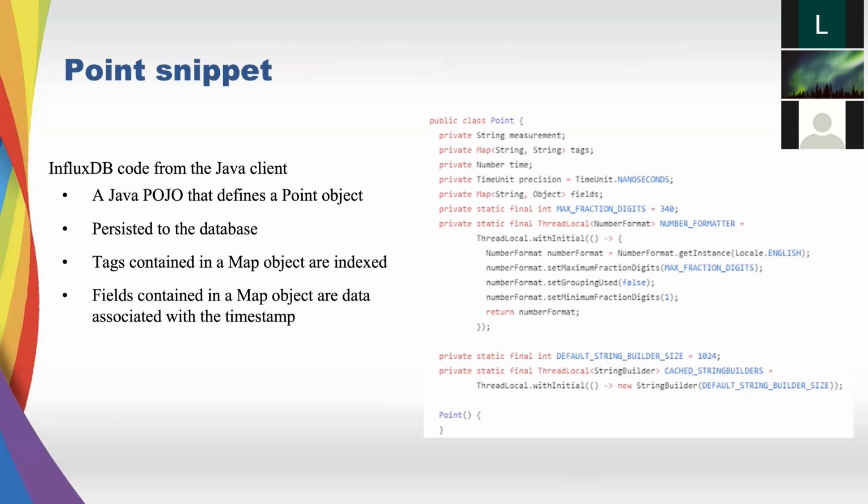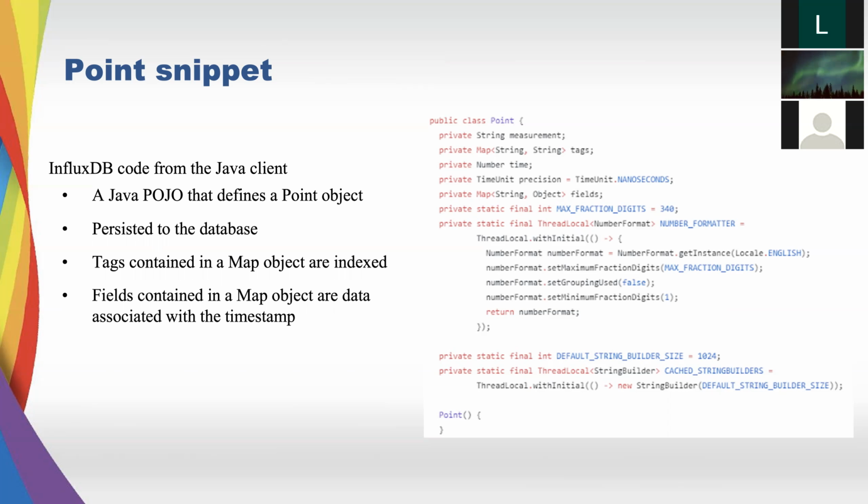This first snippet is basically creating a POJO for a point that is to be committed into the database by the engine. A POJO stands for plain old Java object, and it's basically just a class that is intended to carry data throughout a program or a system.